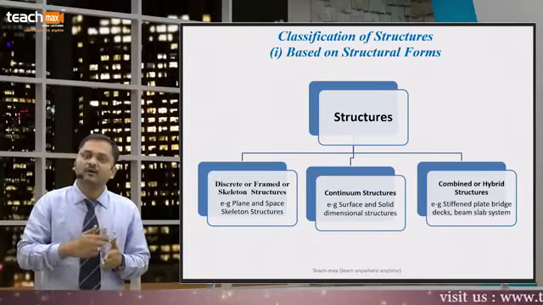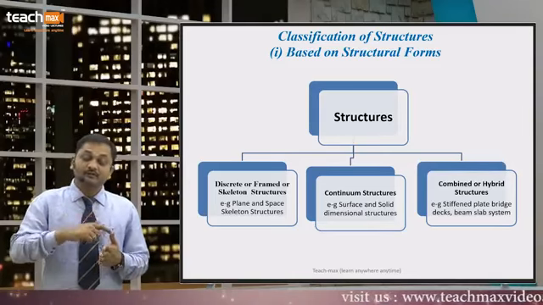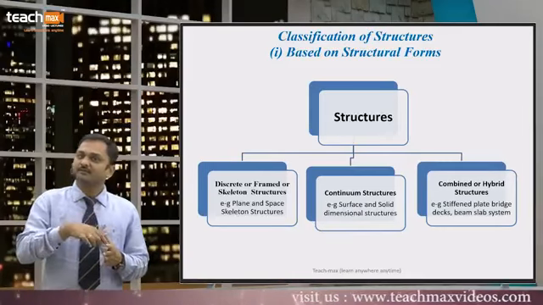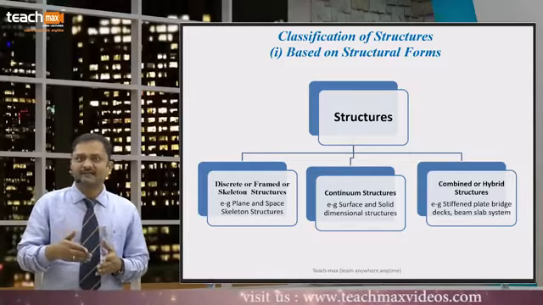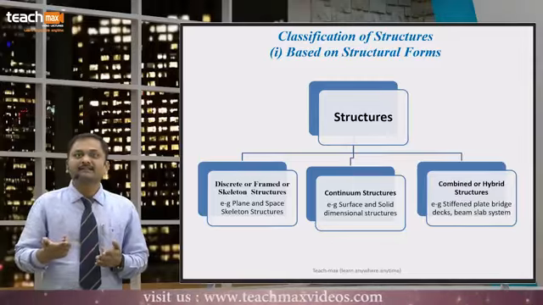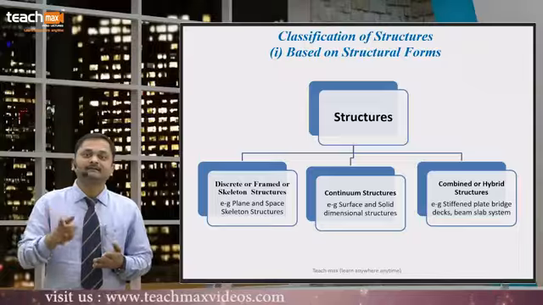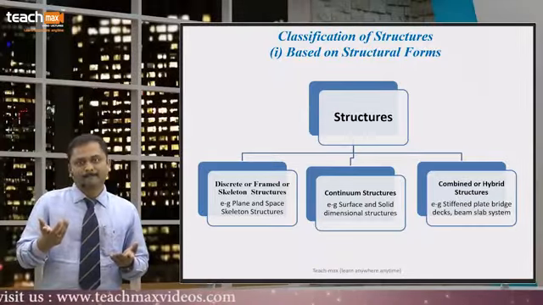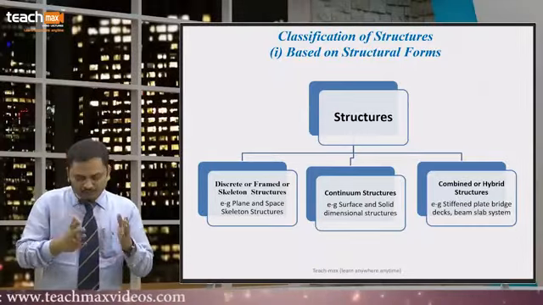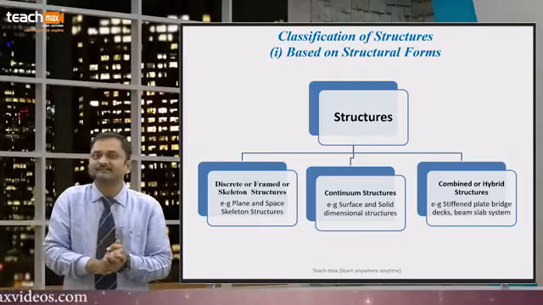If all the members are in one plane, and if the members are generally straight or linear, and also they can be curvilinear, both types of structure come under this discrete or frame or skeleton structure.